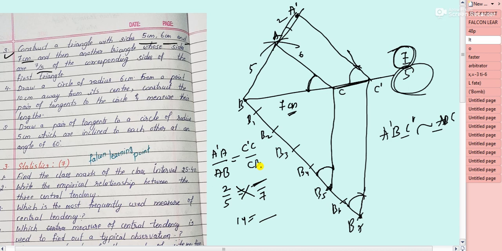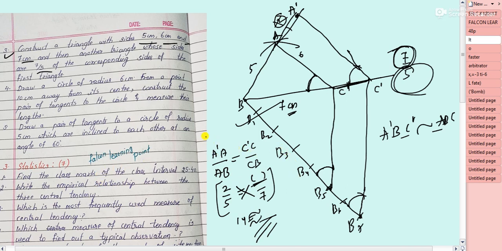If you're getting the same answer, then your triangle is correct. Here you may get somewhere near 2.9, approximately equal. I have just taken 2, it may not be 2, just to show you how to write it. Got it? I hope you have understood this.